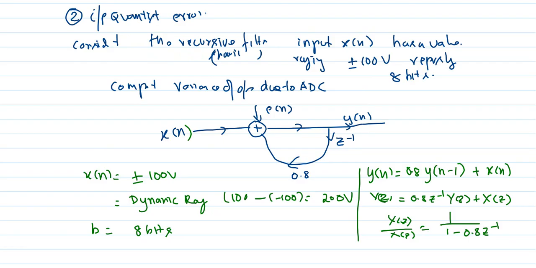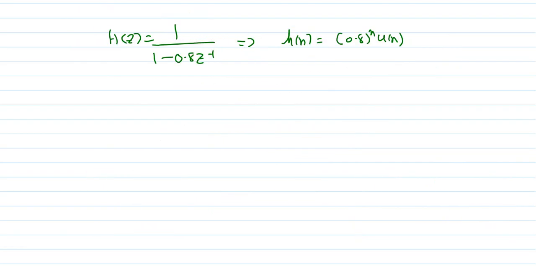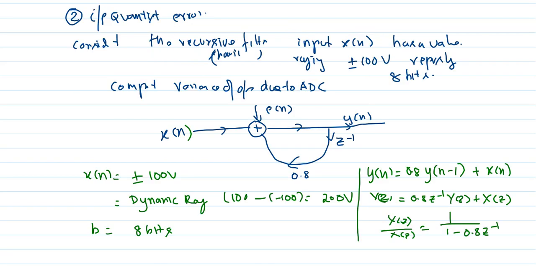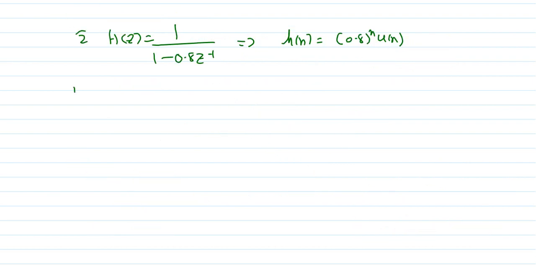All these are the interpretations we do from the question. Now we will go into the actual problem solving, in steps. This is our first step. We interpreted the information in the question, and we also found the value of h of n. Now the third step is to measure the quantization step size, because more information is given.